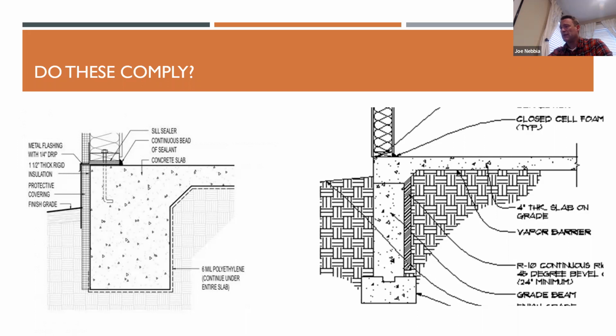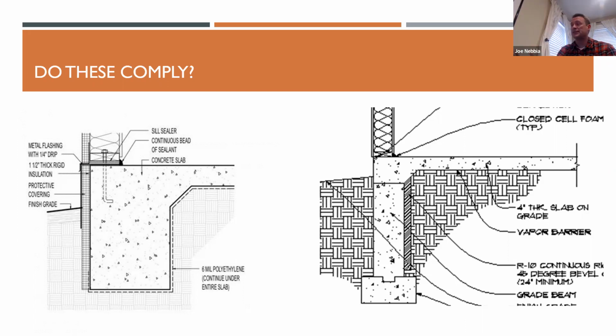On the right, this insulation really isn't doing anything in this picture. They've cut the 45-degree angle the wrong way according to code, but it doesn't matter because it's not coming to the top of the slab edge. And with this type of slab, it's not really possible.